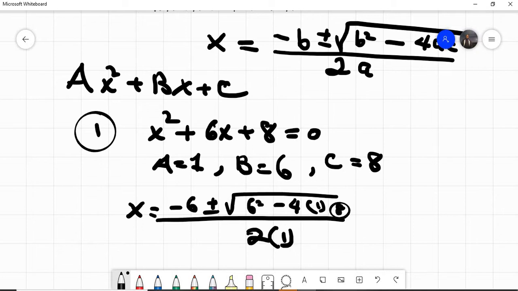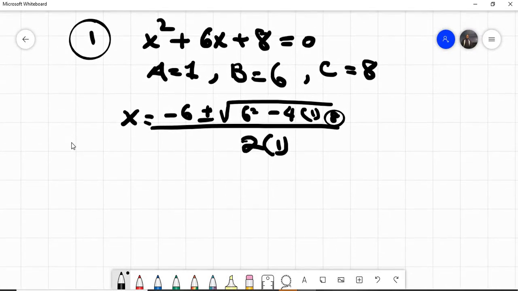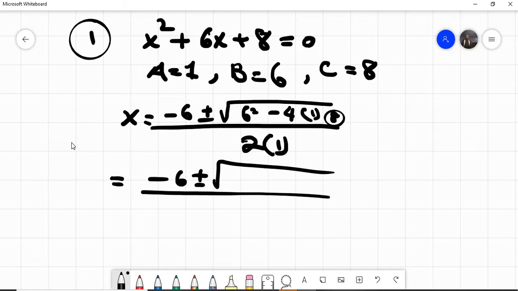That's it. So this one equals minus 6 plus or minus square root of 6 squared, which is 36, minus 4 times 1 times 8, which is 32, and then we divide by 2 times 1, which is just 2.